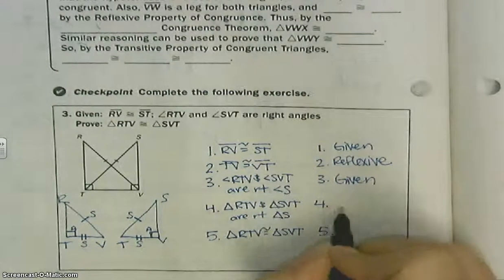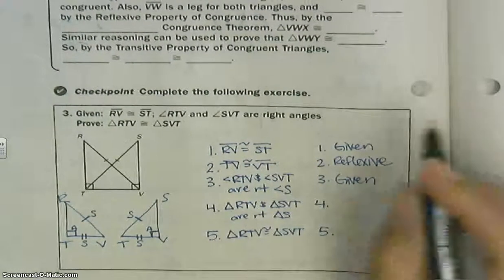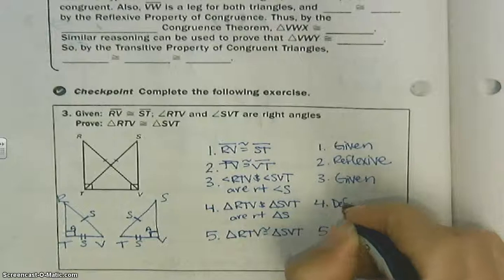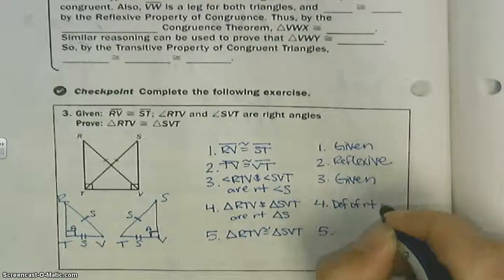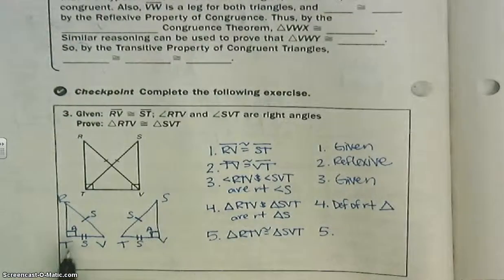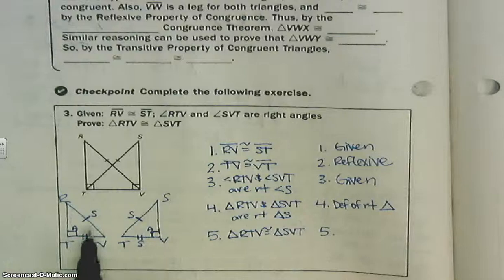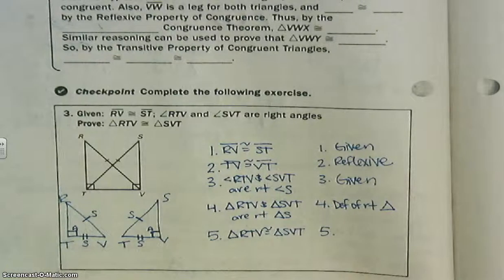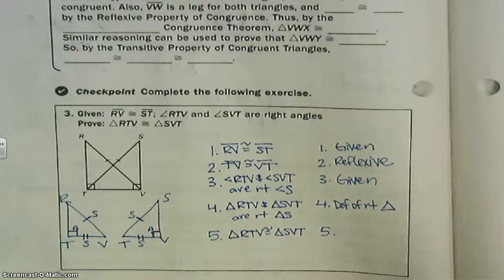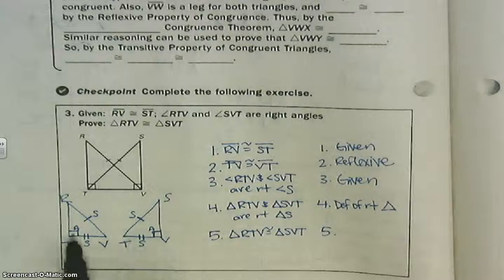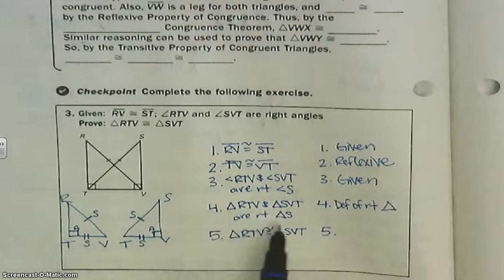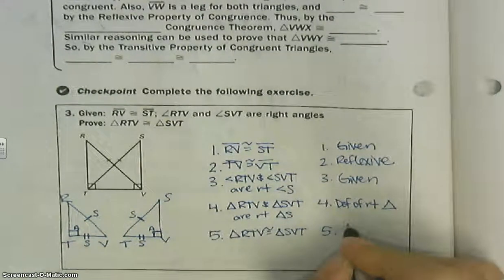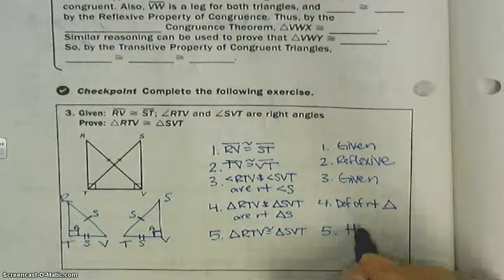So you can say because they have right angles, or you can say definition of right triangle. So now what do we have? It looks like we have angle side side, but we learned you can't use angle side side unless it's a right triangle. And what do you know? We established that these are right triangles. So this is HL.